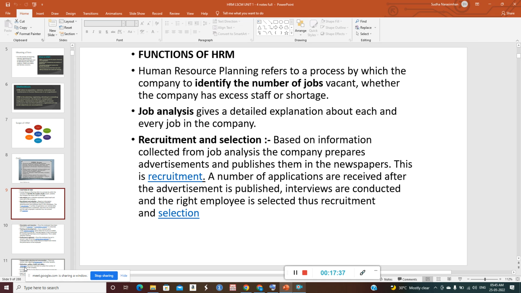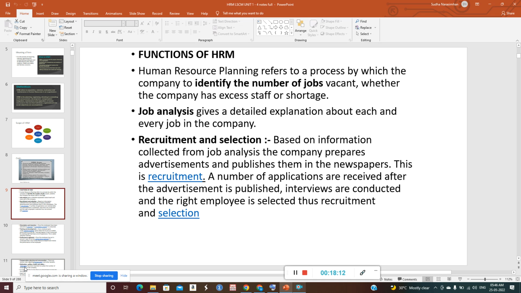It gives a detailed explanation about each and every job in the company. When you talk about the third part, which is called recruitment and selection, it is based on the information received from the first function, which is none other than human resources planning. Based on the information given, the job analysis happens.